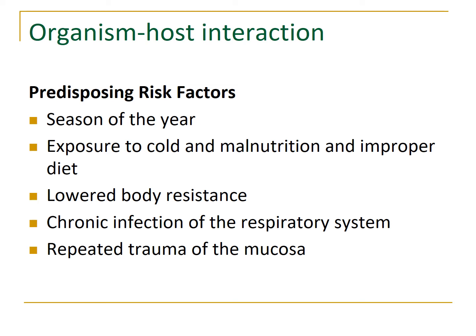So for example, season of the year, you will find that there is greater incidence as well as severity of infections during the colder months, that is from fall to spring. Certain types of respiratory tract infections have a peak seasonal incidence and may occur in epidemics in the community.